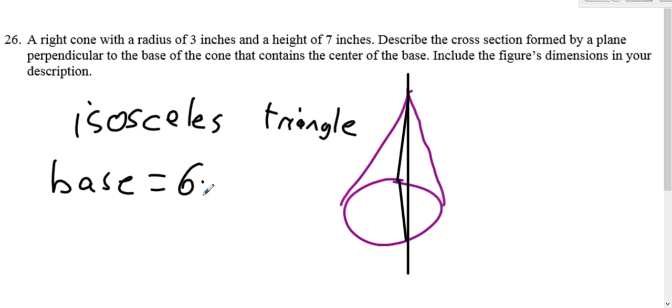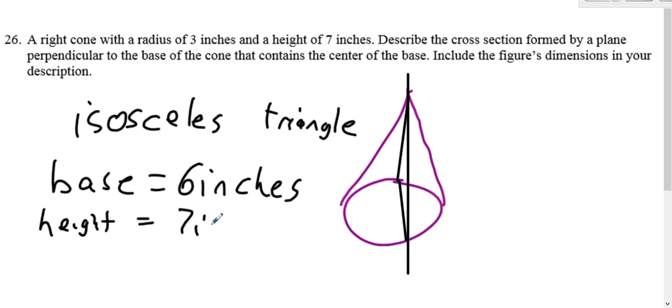So if the radius is 3, that means 6 inches. And then the height of that triangle would be the height of the cone, which is 7 inches.